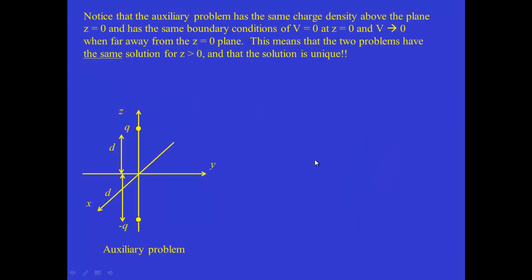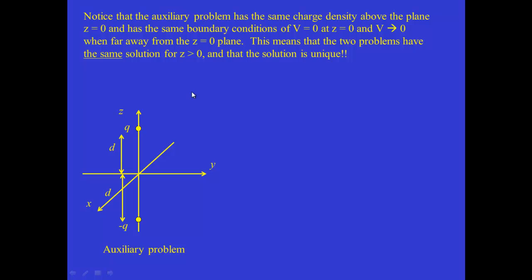The auxiliary problem therefore has the same charge density above the plate, above z equals 0, and it has the same boundary condition of V equals 0 in that plane, and of course V still goes to 0 when we get really, really far away. For large values of z, these two point charges look basically like a neutral charge, which means the potential will go to 0.